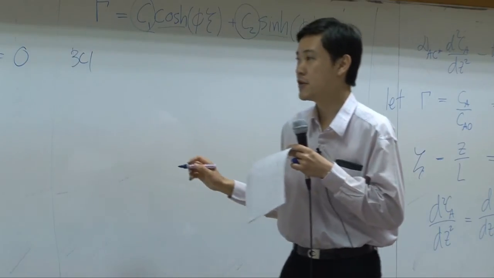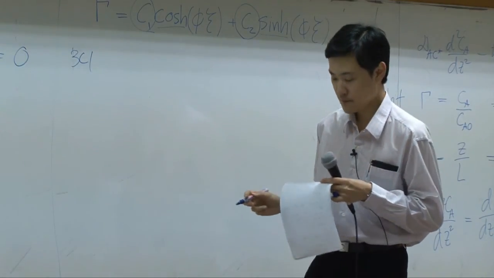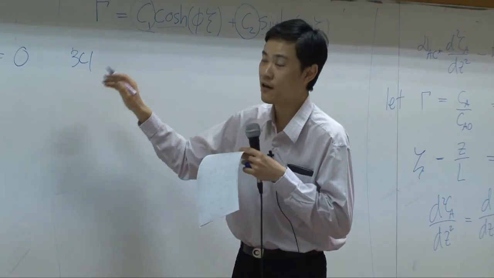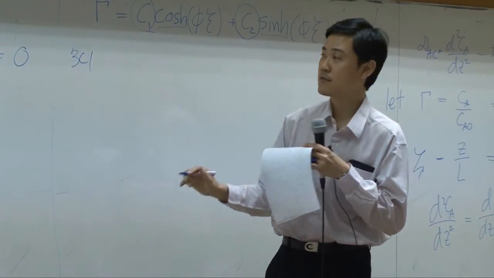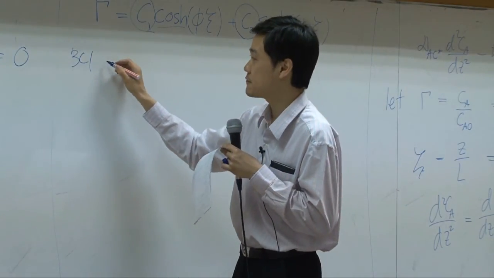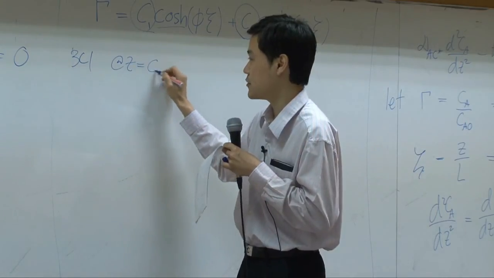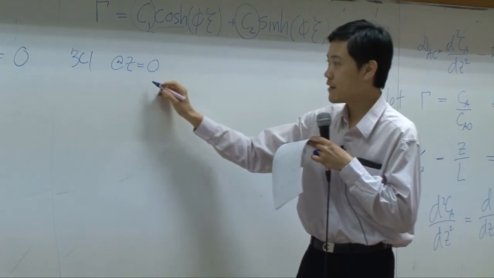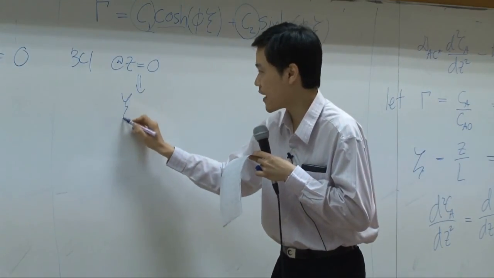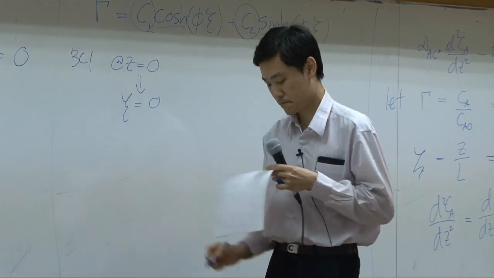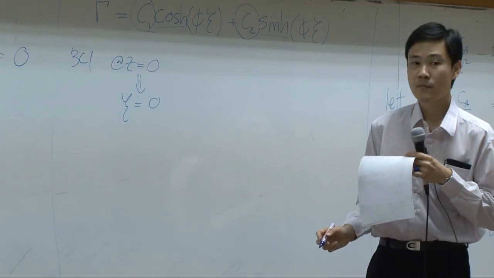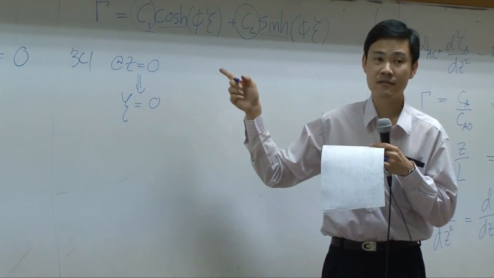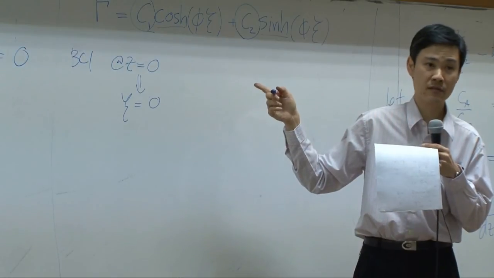What are boundary conditions? Boundary conditions are supposed to be located on the boundaries. The first boundary that we have is at z equal to 0. When z equals 0, that means psi itself is equal to 0. What do you have at the surface?